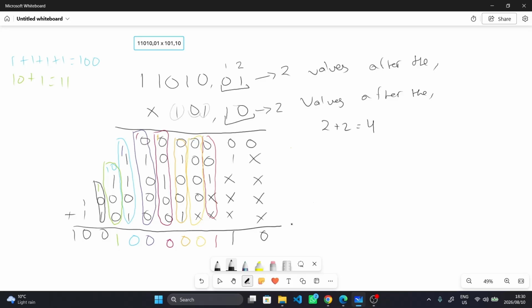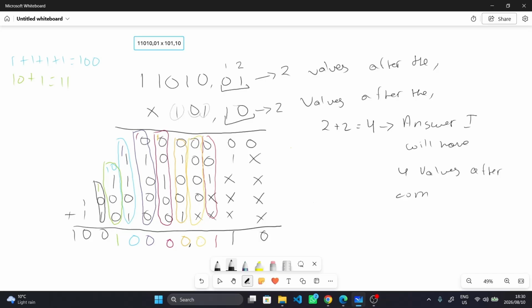That means for my answer I will have 4 values after the comma, right? So I just count 4 values. I count 1, 2, 3, 4.